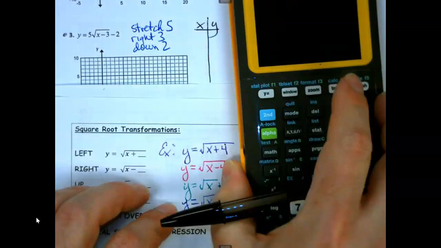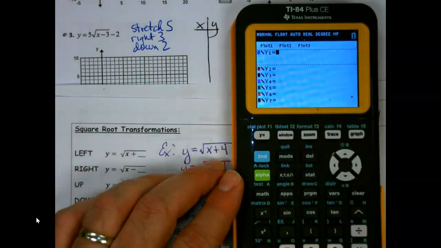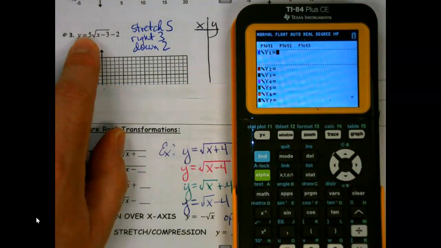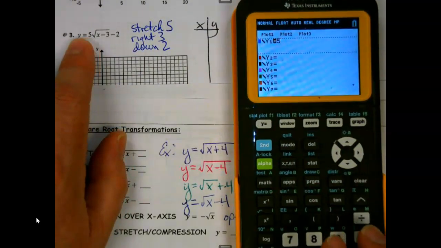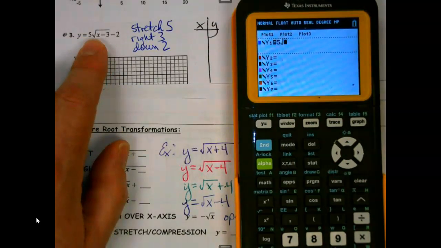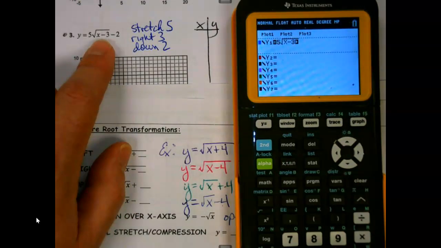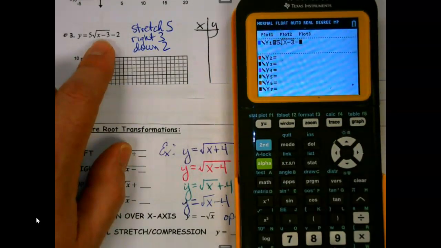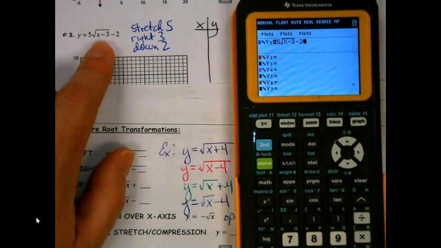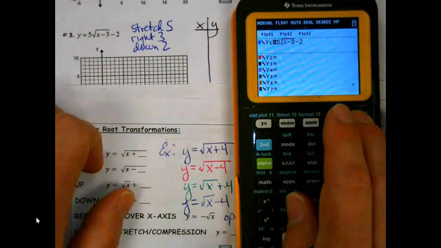So let's see if we can get a little help here now. Clear that out. 5's in front. Nothing in between that and the radical or the square root. So we're going to do second and x squared. Make sure that minus 2 is outside with our right arrow.